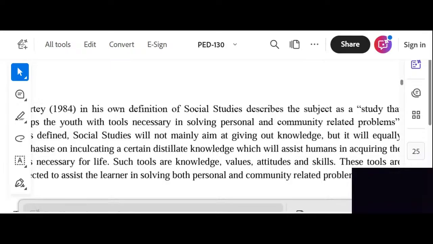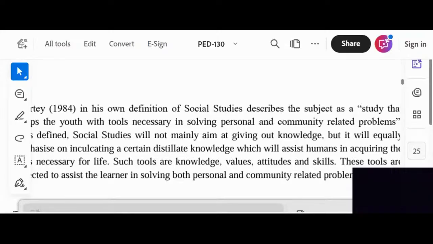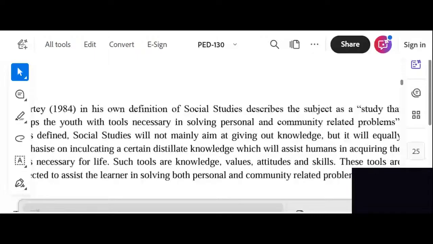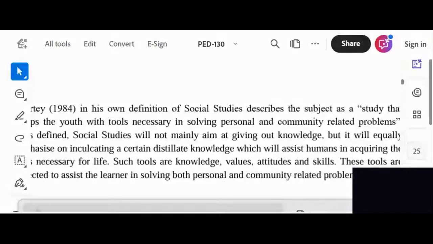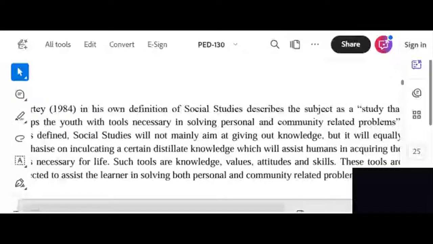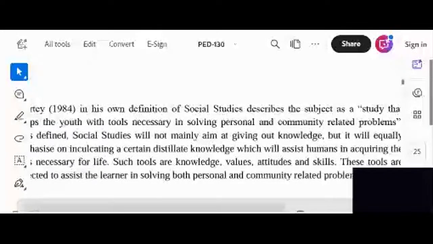No wonder he was criticizing the fact that social studies is an amalgamation of art and social science, or the fact that it is the study of human and its environment. Look at his definition. Awesome one. A study that equips the youth with tools necessary for personal and community problems, relationship problems. This one definition also captures Frost and Rowland in a logical way.